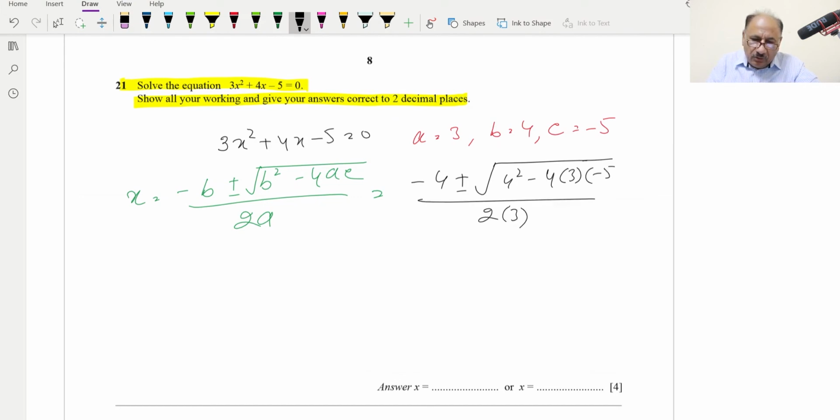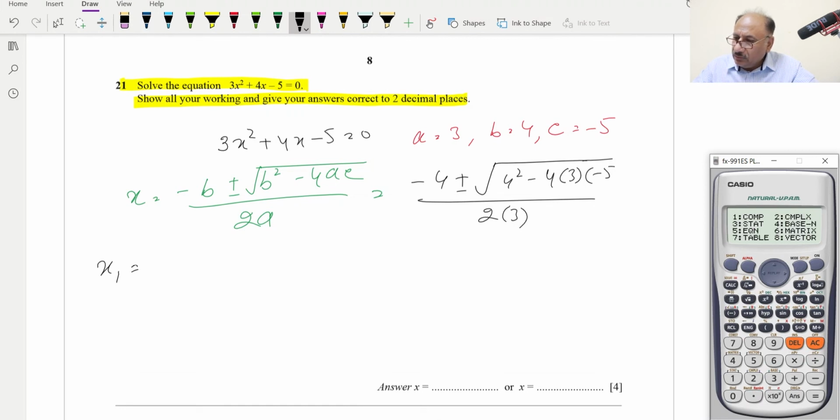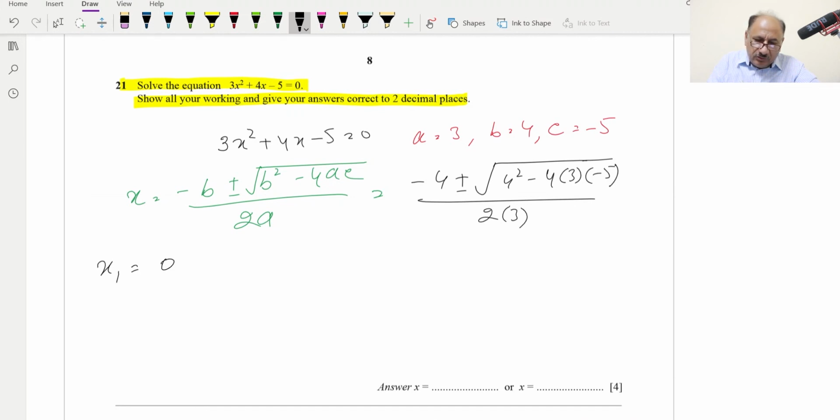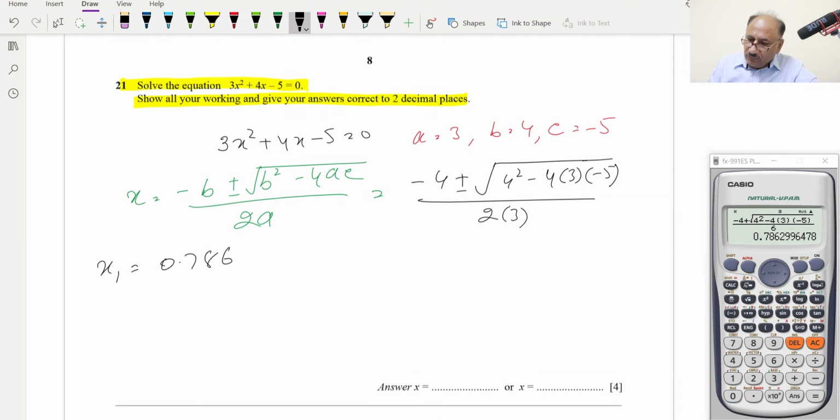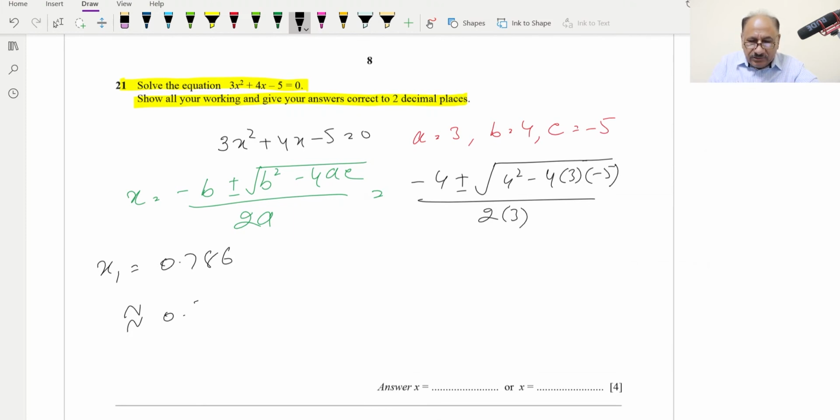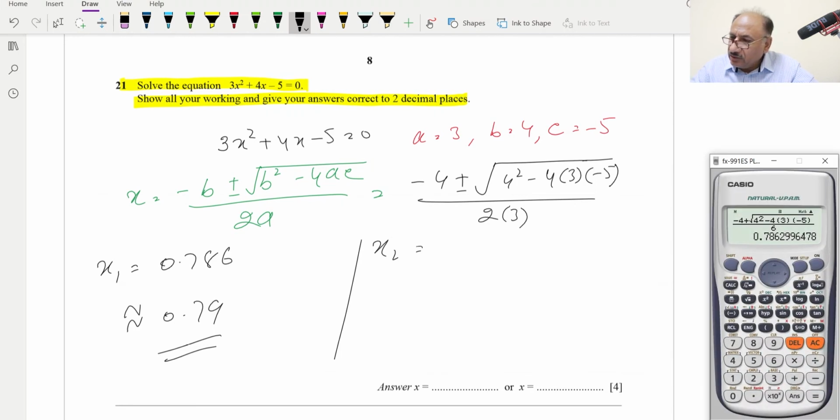Now x1 will be with the plus value: fraction minus 4 plus square root of 4 squared minus 4 into 3 into minus 5, over 2 times 3, which is 6, and this will be equal to 0.786, and we can round it to 0.79. This will be the x1 value.